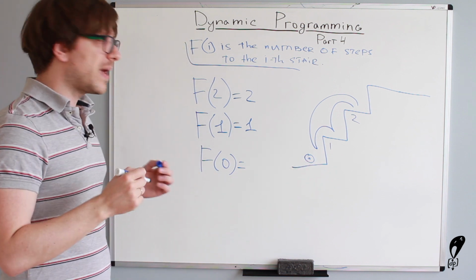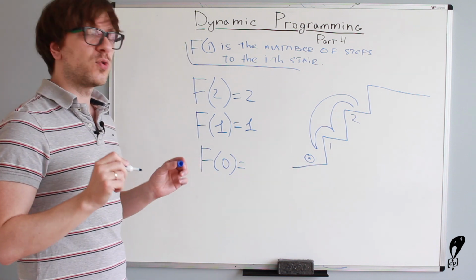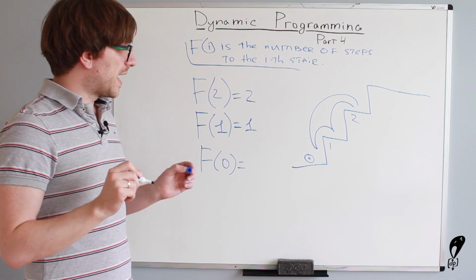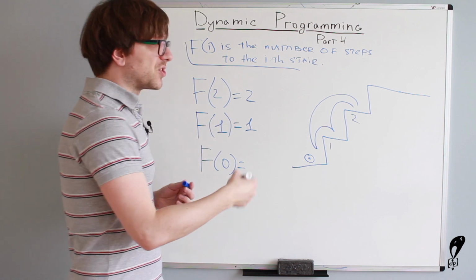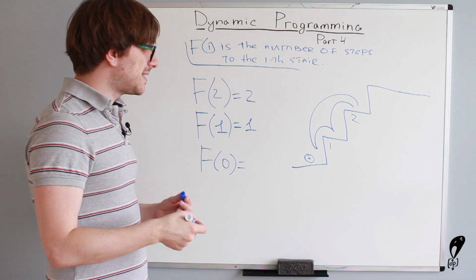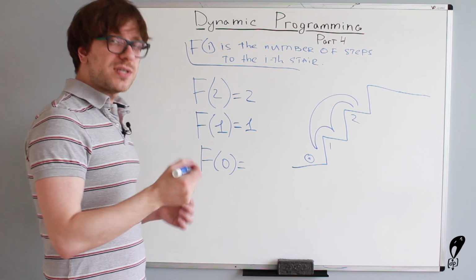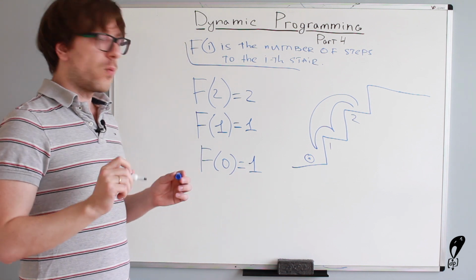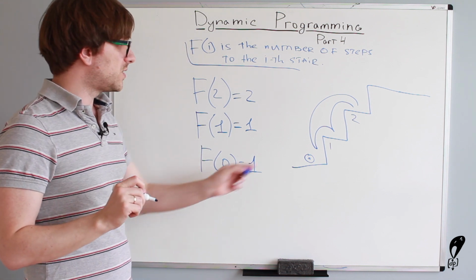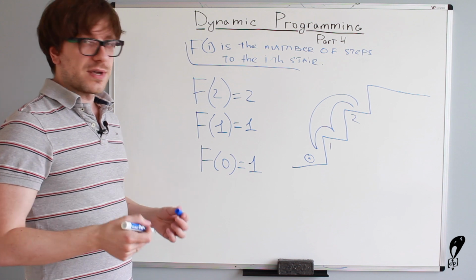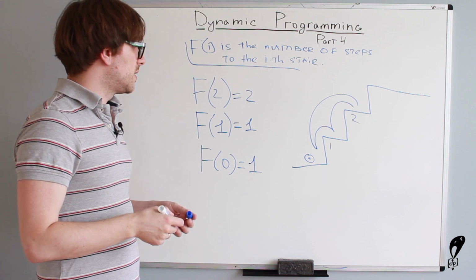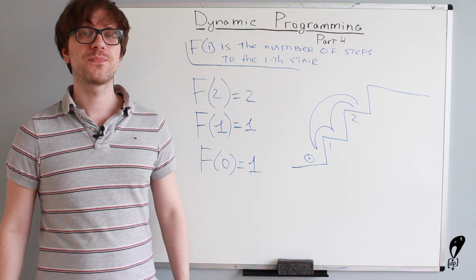So how many distinct ways are there to reach the top of the staircase that does not exist? It's just one, right? We do nothing. It's just one distinct way to get there. It's just doing nothing. It also counts as a way to get to the top.